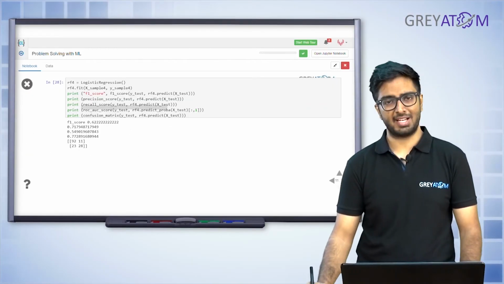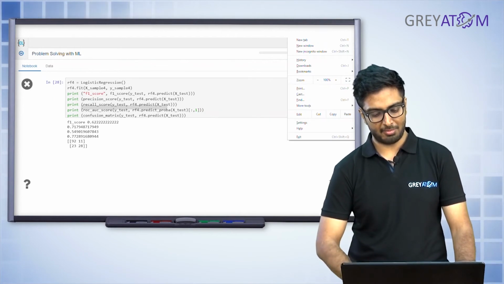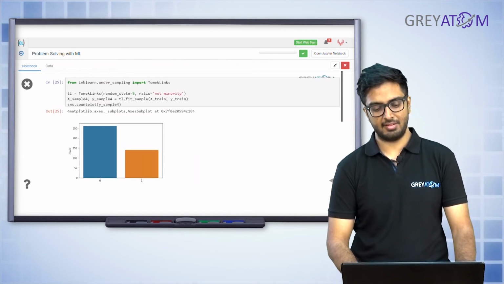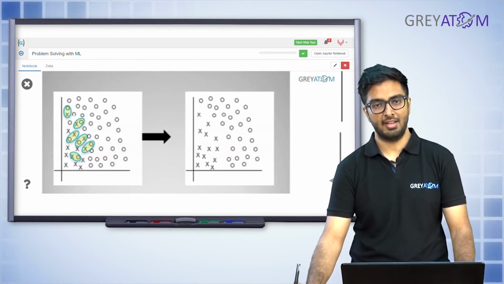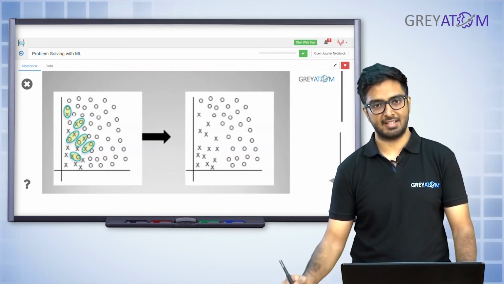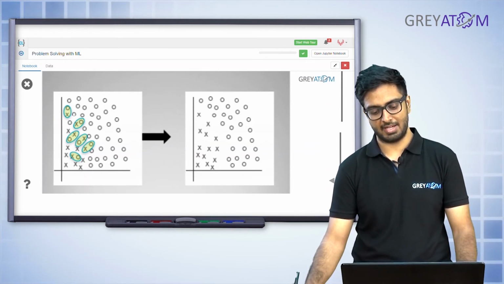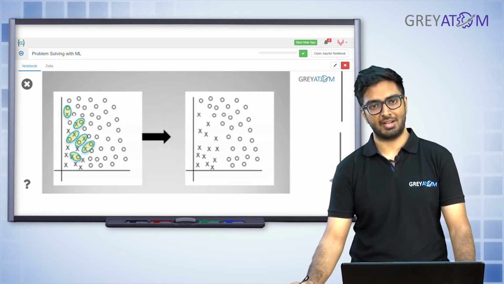With Tomek Link, the thing to remember is that you would expect your model performance to go up because you have cleared out the data set, but that is for the training data set, right? For training, you're making it easier. That raises the concern of what happens if in your test data set, your data points actually lie along this line. Then your model would have a tough time.